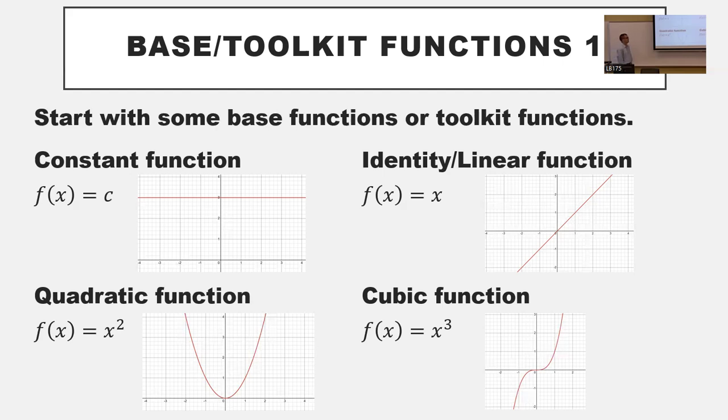The cubic function, again, it kind of looks like a little bit of parabolic shape on each side. One on the right side pointing up, the left side pointing down, but it's going through the origin as well. So it looks like this shape.